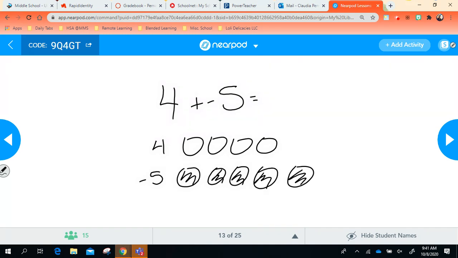And then our second step was to pair up a positive and a negative, and then cancel it out. Positive and negative, positive and negative, positive and negative. So I created 1, 2, 3, 4, 0 pairs. Those are now gone.